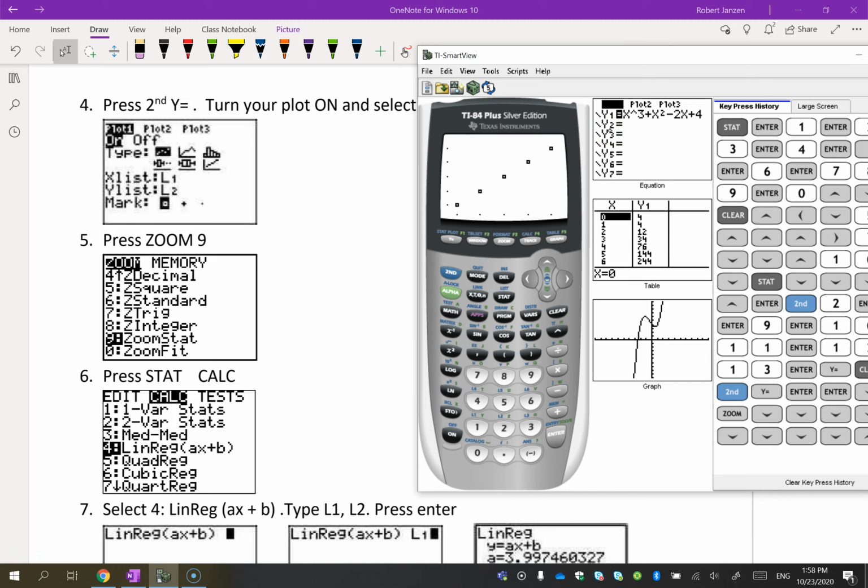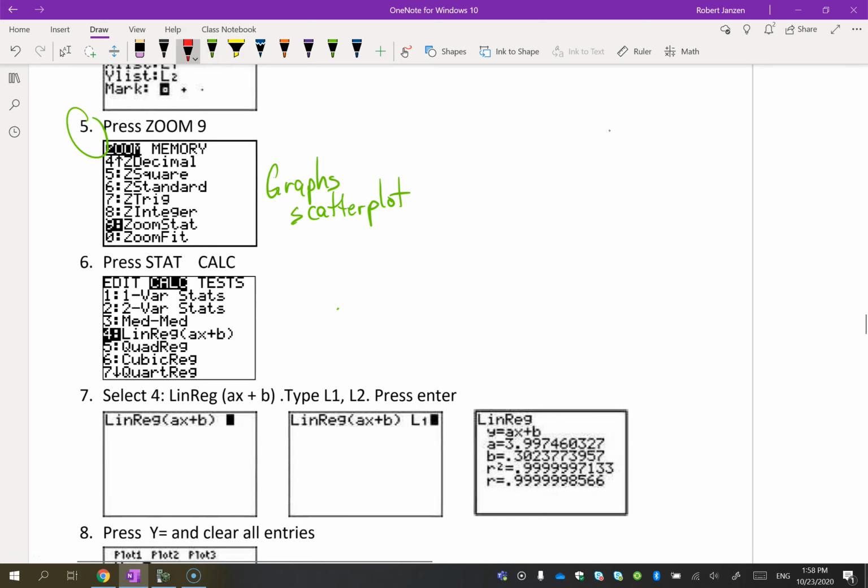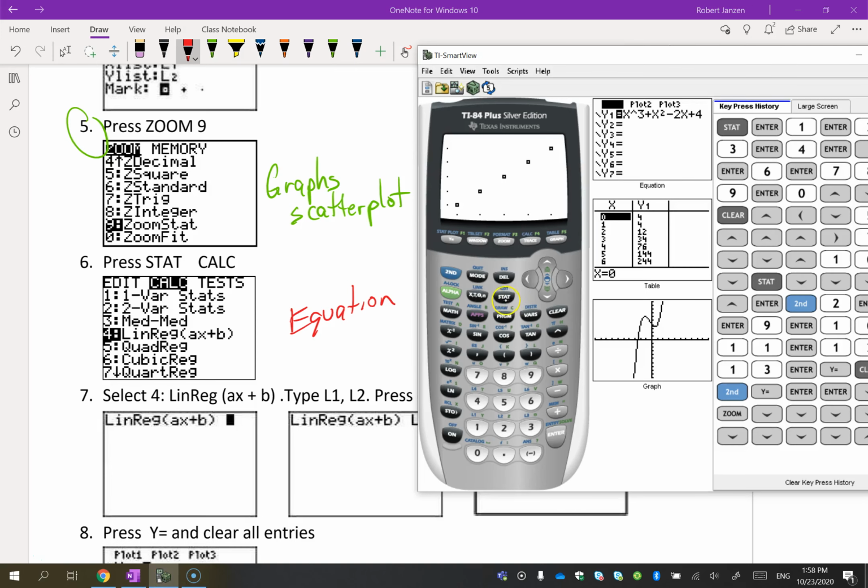Okay, so after we've done that, now we want to figure out what is the equation of this line. This graphs the scatter plot. That's this one here. Now, if we want to figure out the equation, the line of best fit, we're going to go to Stat, but instead of pressing Edit, we're going to scroll over to Calc, and you can see there's a whole bunch of things here.